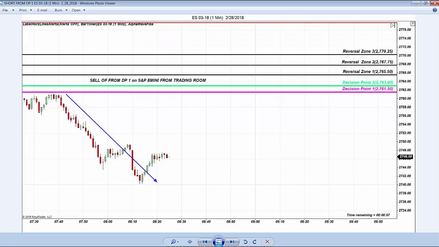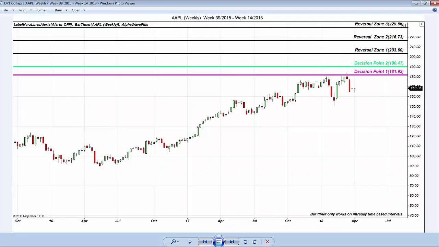Received a question about the short. This is a short. This is Fibonacci resistance. Everyone seeing this level on the 1 minute chart? This is where Apple is now. Everyone seeing this? What is the difference? It is weekly. This is your investment decisions.